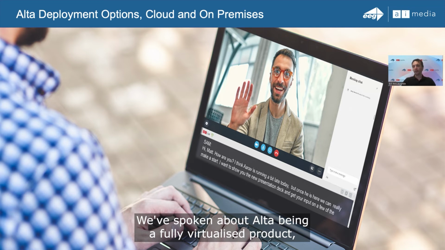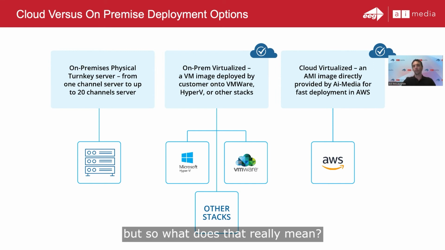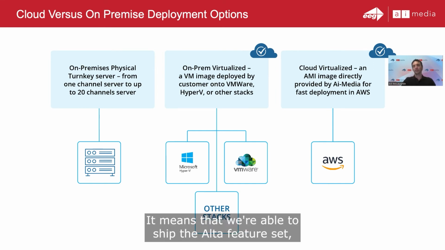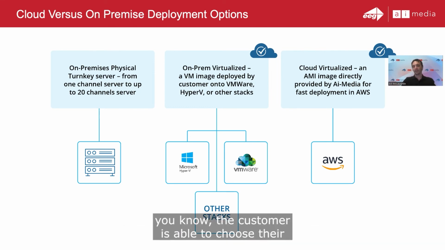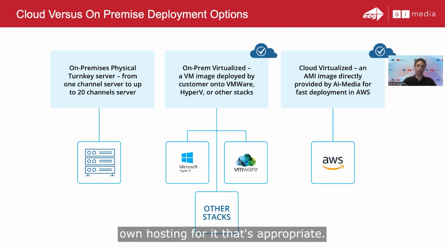We've spoken about Alta being a fully virtualized product, but what does that really mean? It means that we're able to ship the Alta feature set basically as a VM file, and the customer is able to choose their own hosting for it that's appropriate.